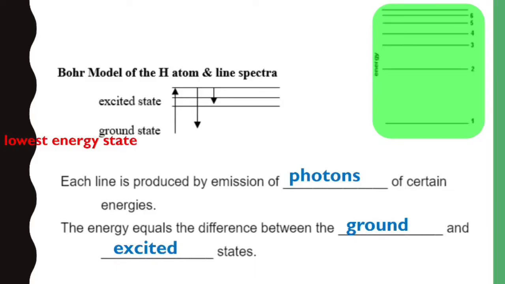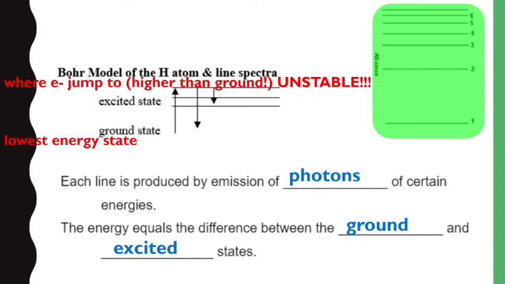So if we have an electron in the ground state, the lowest possible state, and then it jumps to the excited state, where the electron is at a higher energy level than it should be, it's unstable. That means the energy we put into it is only going to hold it there for a moment.